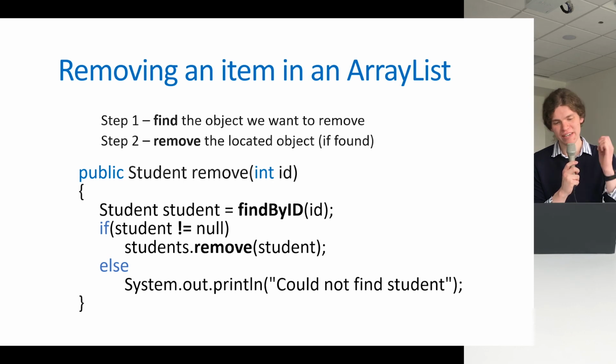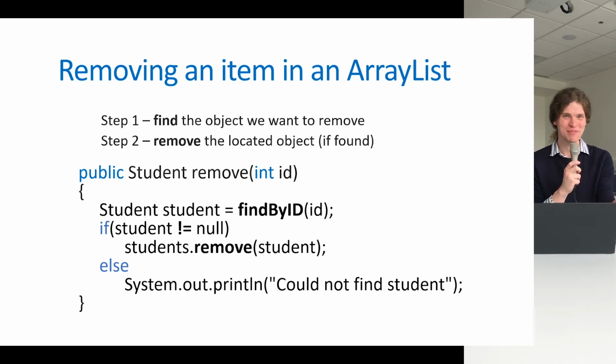So therefore, if there's something there, then we call the remove method of the array list. That's given to us. We don't need to do that ourselves. That will tidy everything up at its end and remove that object from the collection. Okay, and of course, if we do return null from our find by ID method, if it couldn't find it in the list, if something went wrong, we typed in the wrong ID or something, then we don't want to remove something by mistake.